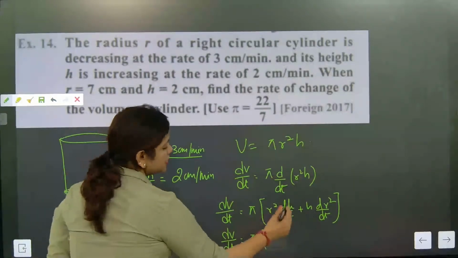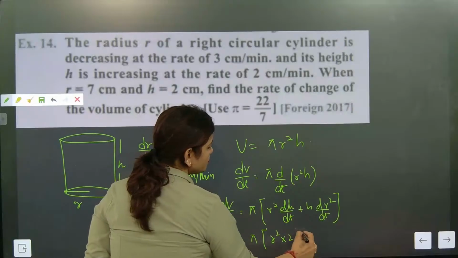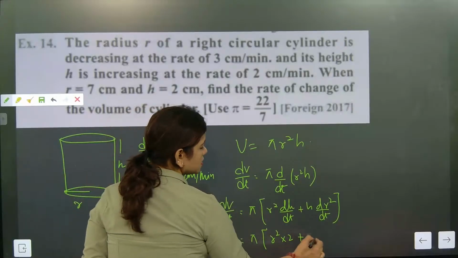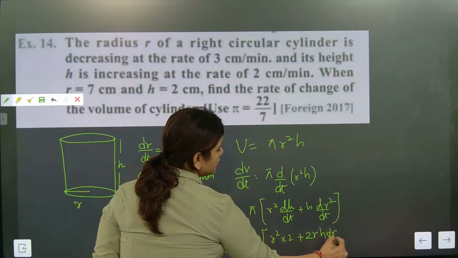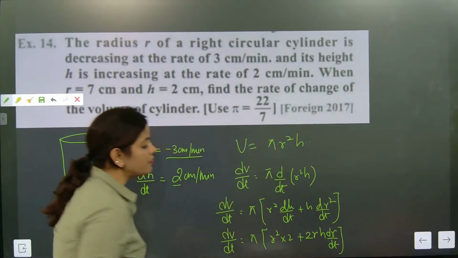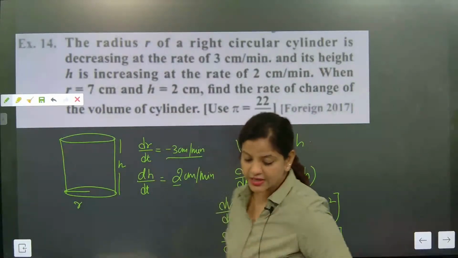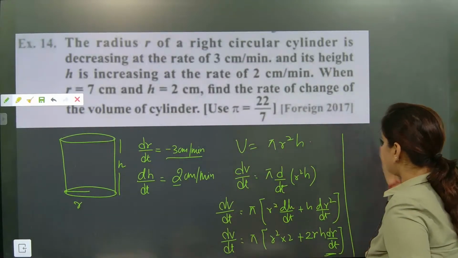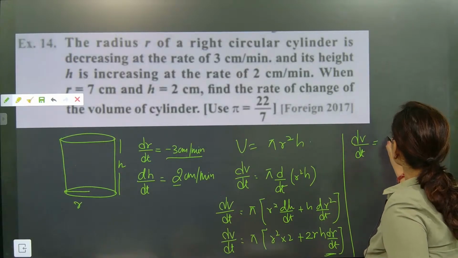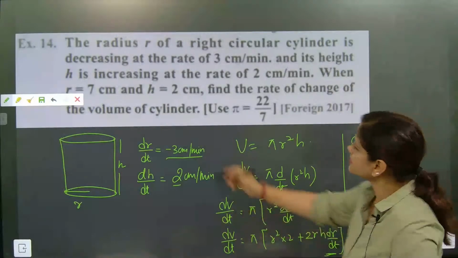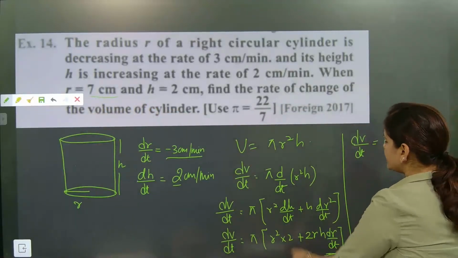Here dh by dt is 2, so r square into 2, plus it is coming as 2r into h dr by dt. But here you must remember that dr by dt means radius is decreasing. So since radius is decreasing, dv by dt equals pi, and radius is coming as 7. Understood? So once radius is 7, we are going to write 7 square.